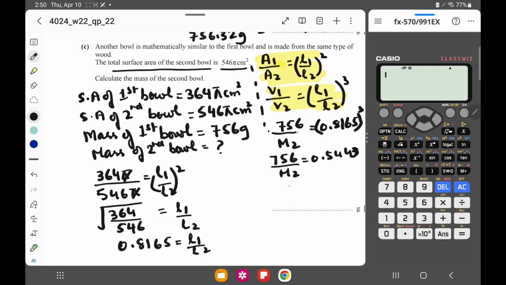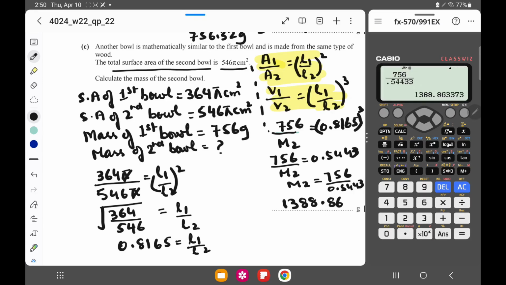So M2 is equal to 756 upon 0.5443. 756 upon 0.5433 equals 1388.86. Alright, grams. This is the answer for this question.